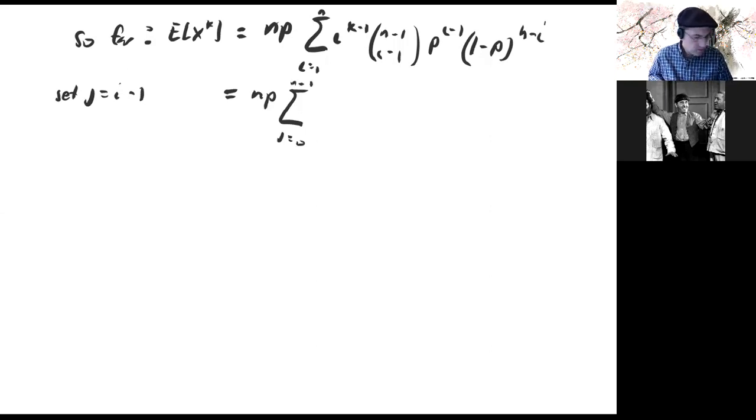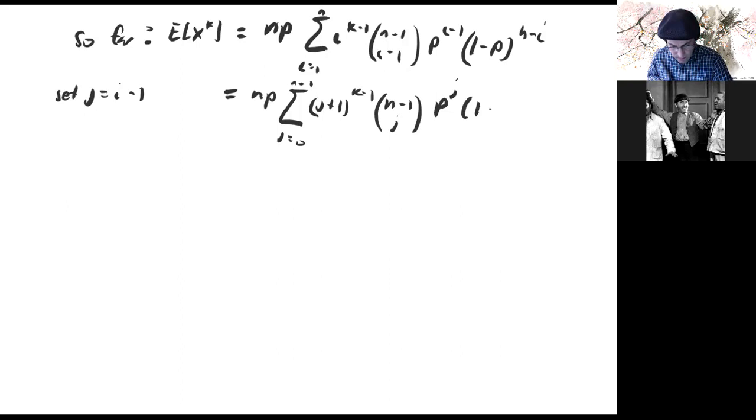It becomes j plus 1 to the k minus 1, because i is j plus 1, times n minus 1 choose j, times p to the j times 1 minus p to the n minus i, but that's n minus j minus 1.